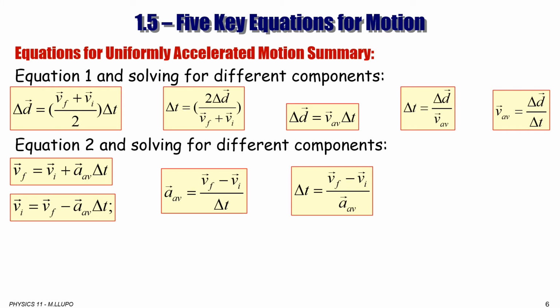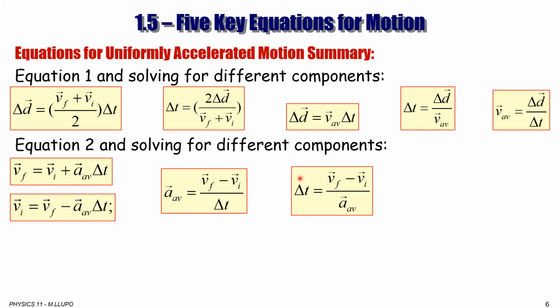Now, equation number 2. Equation number 2 is about final and initial velocity, so this is the acceleration equation. If we solve for V final, you'll get this one, which is called equation number 2. If you solve for V initial, you get this equation.